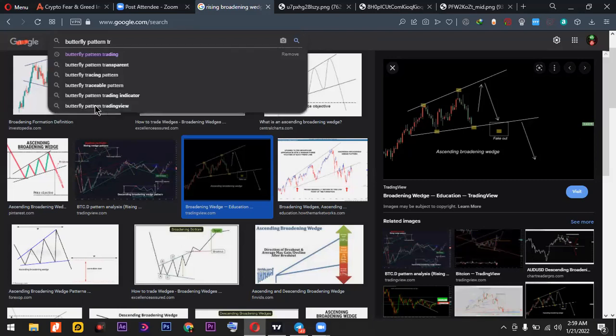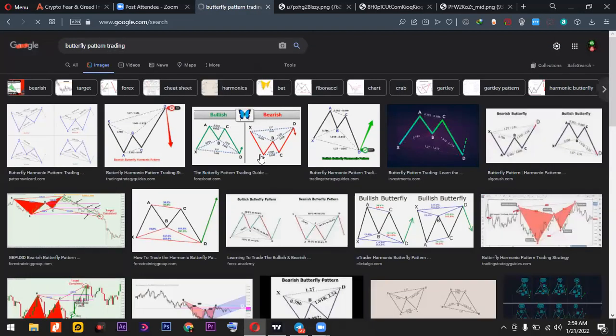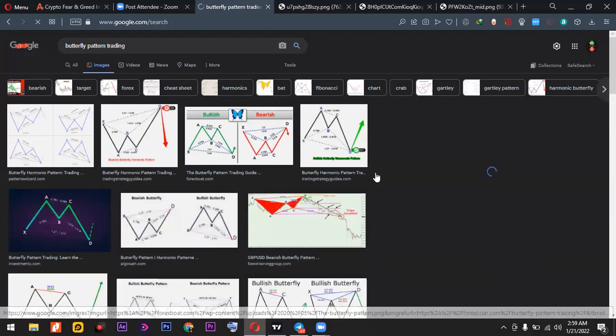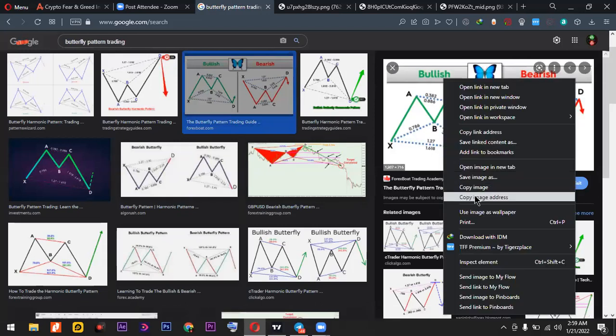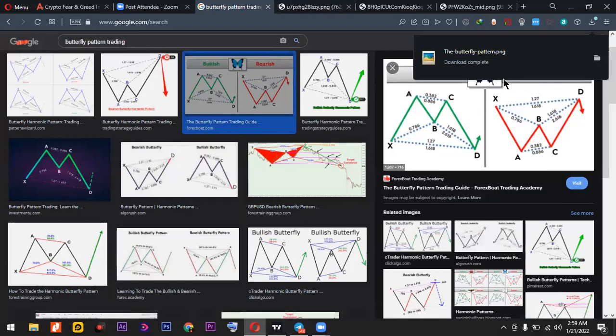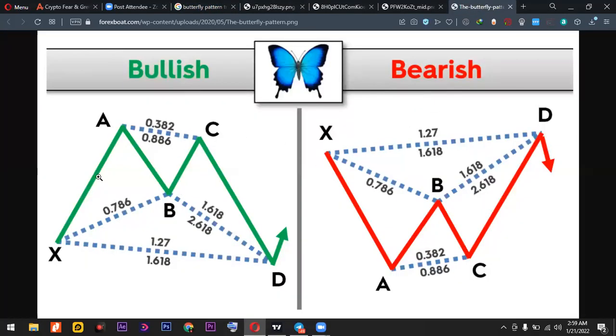Trading, something like that. If you don't know what this is, it should break like this. So these are the two types of butterfly patterns. One is bullish and the second one is bearish. So let's open this image. If you see a pattern forming like an M pattern, you see the neckline here, then it's bullish.